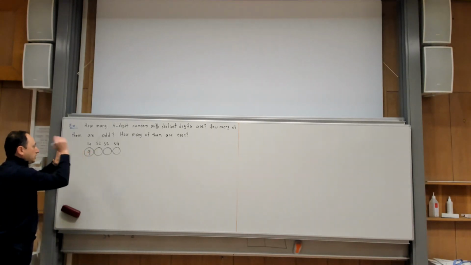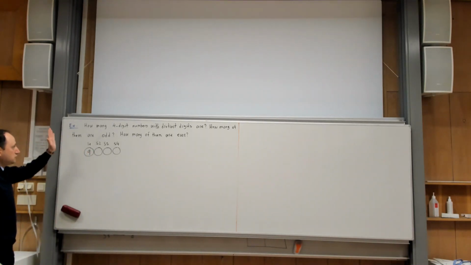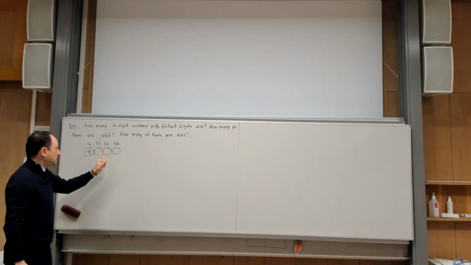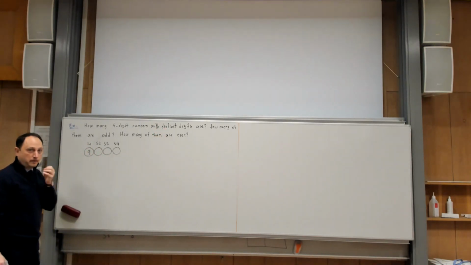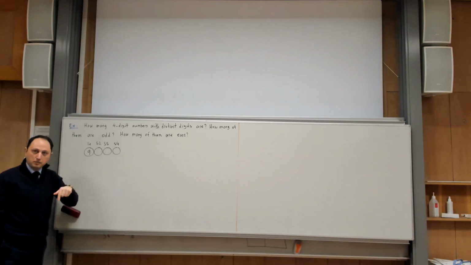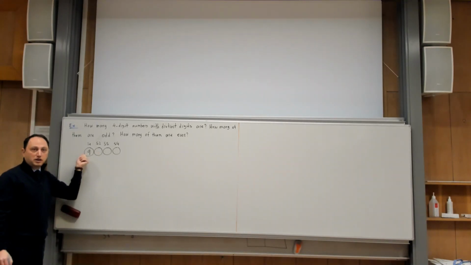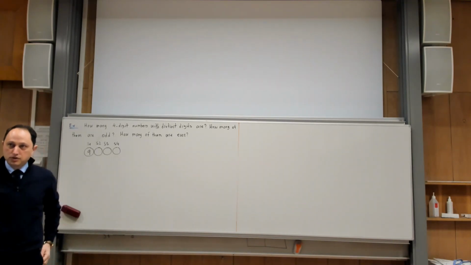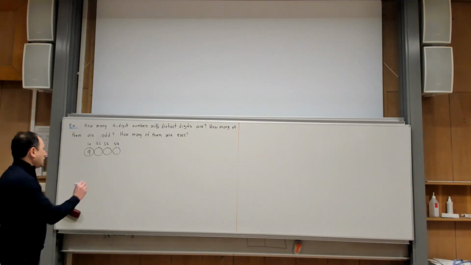Now, in your head, imagine that stage 1 is done. It means that you have chosen a non-zero digit for this one. But because the constraint is distinct digits, you need to be careful about how many options are here? 9 again. Because this time, I cannot choose the number that I have chosen, but still I can choose 0. So still I have 9 options. Agree? So I put 9 here.